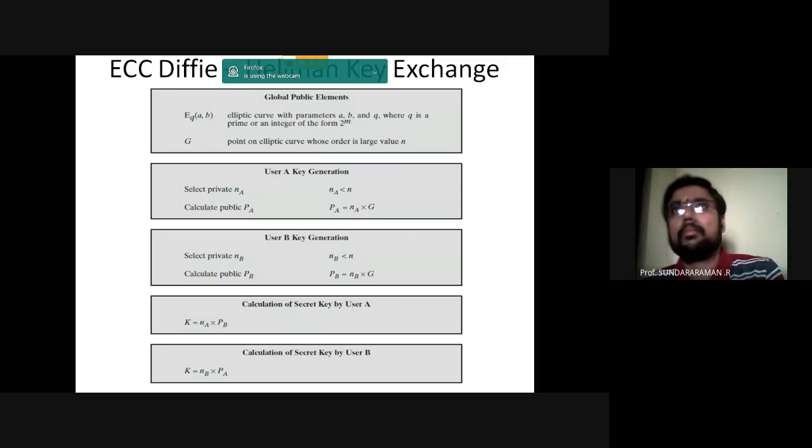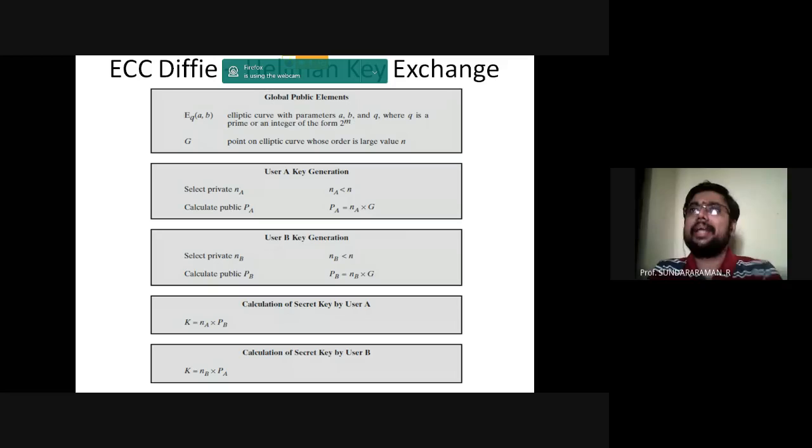But for a third party, the secret key will not be known, because of the discrete logarithm problem in elliptic curve cryptography. Suppose we are computing a new point Q equal to k into P, where k is a scalar and P is a point.